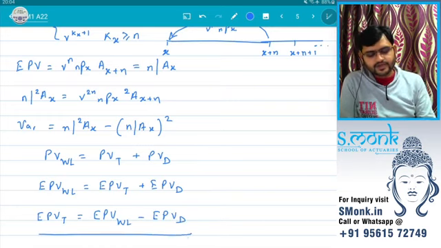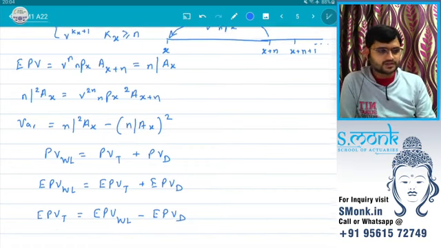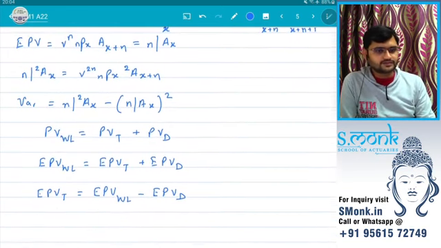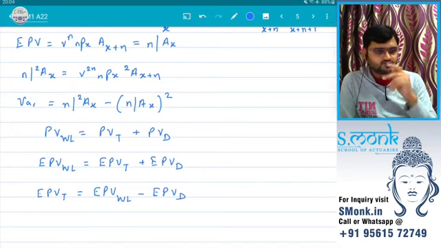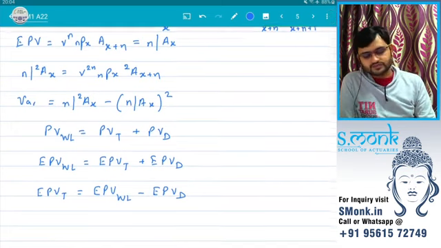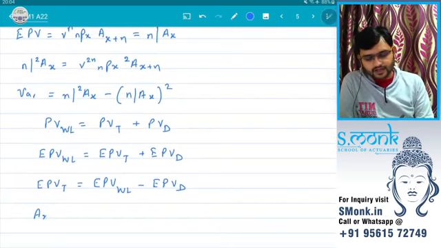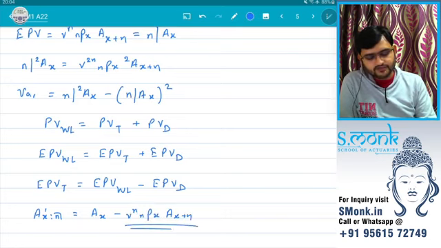This is how we made that formula. This is a simpler explanation. So therefore we said ax dash n was ax minus v raised to n npx ax plus n. This is what our deferred is.